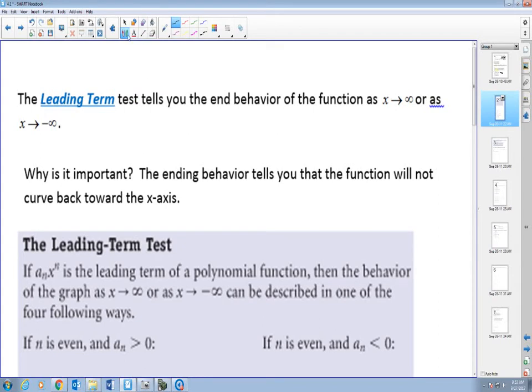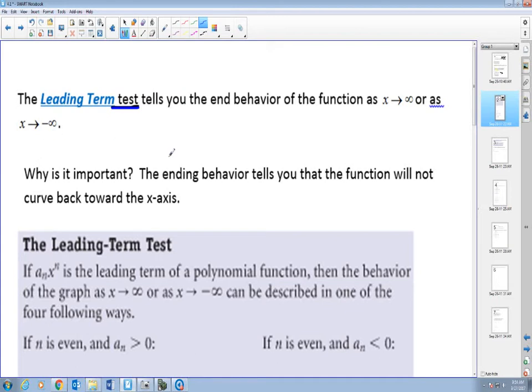Maybe I should have highlighted this word too. Leading term test. The leading term test will tell you the ending behavior of your function or your graph as your x value keeps going to the right, or as your x value keeps going to the left, negative infinity.